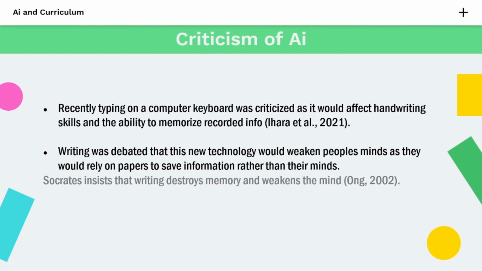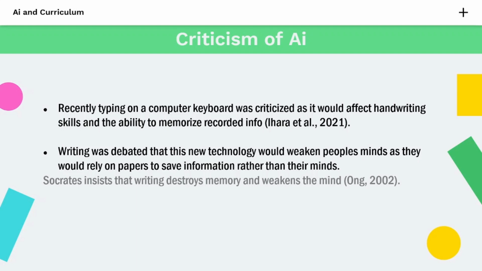Okay, criticism of AI. Before we dive into specific criticism of AI, each technology that emerged was criticized. Typing on a keyboard was criticized as it would affect handwriting skills and our ability to memorize recorded info.